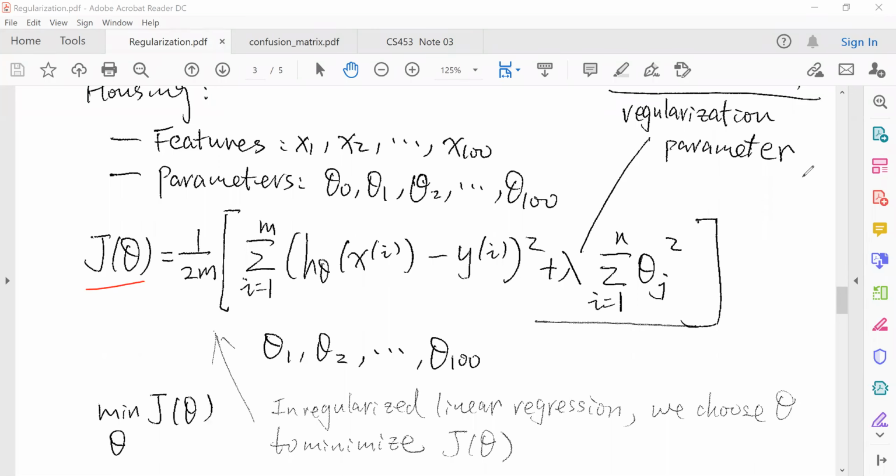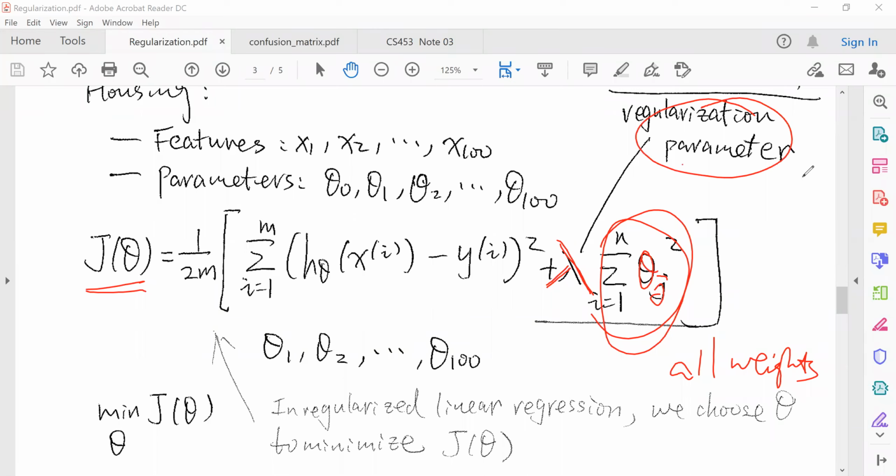Regarding our cost function, you manually add a term: you square all of the weights, and then multiply by some coefficient, which we call the regularization parameter, lambda.